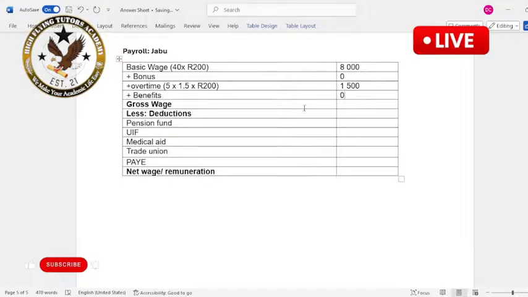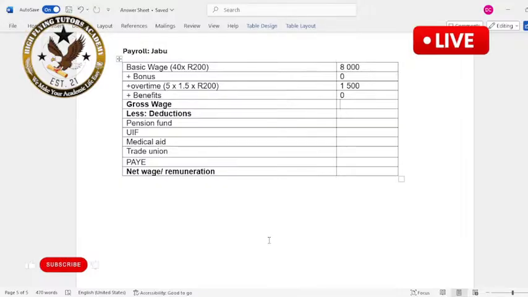Now we can calculate our gross wage or gross salary. I call it gross wage because it's a weekly amount. So how much is our gross wage there? You're going to say 8,000 plus 1,500. How much is our gross remuneration? Let's put that on the chart quickly.